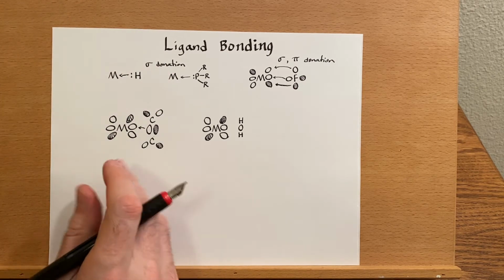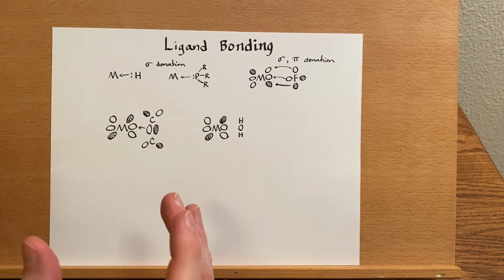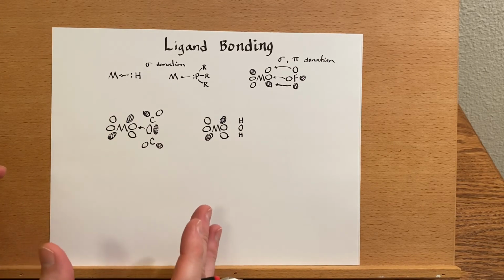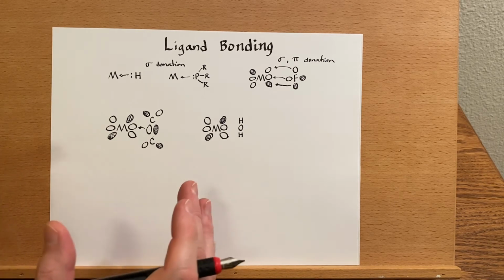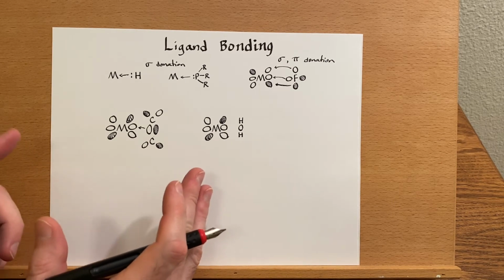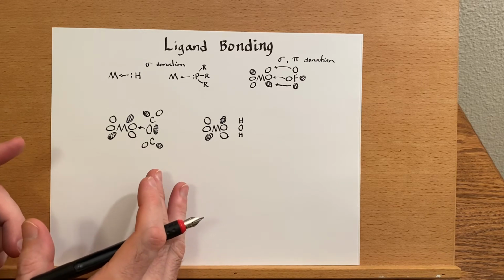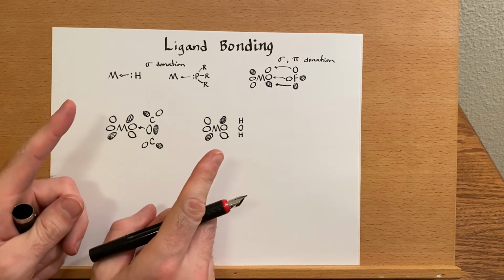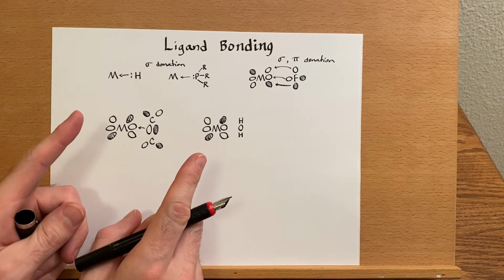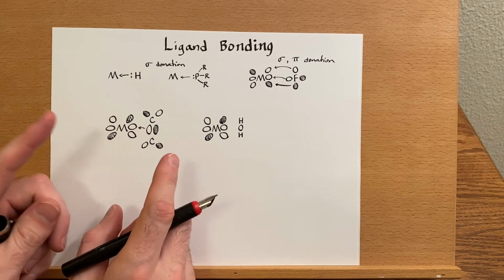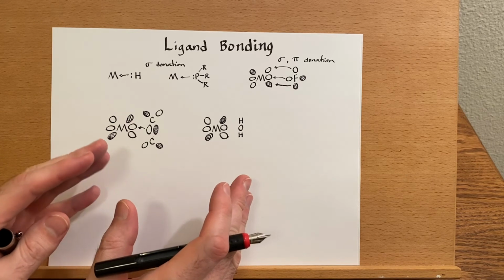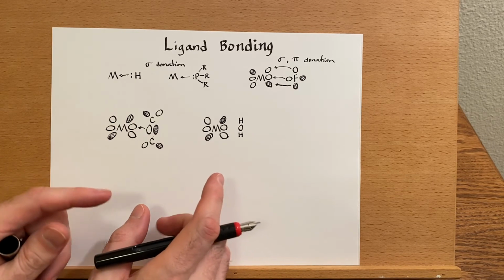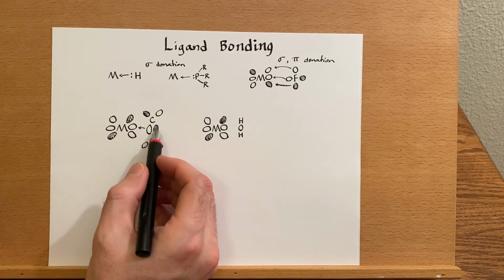Now, one thing that happens is whenever we create a molecular orbital that's a bonding orbital, that's one way to combine the atomic orbitals. But when we combine two atomic orbitals to make a molecular orbital, we'll make two molecular orbitals. And often we just think about the one that ends up being bonding, which is this one.